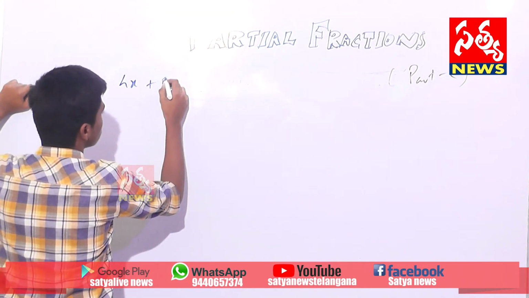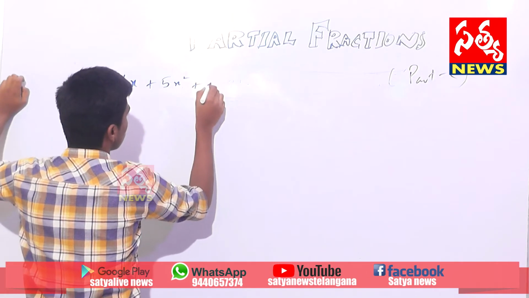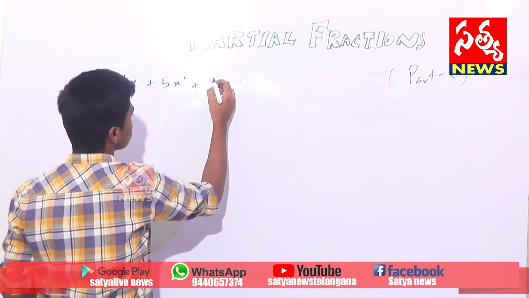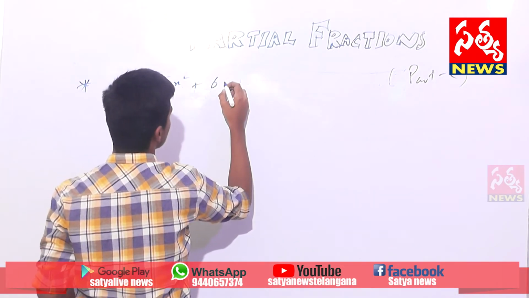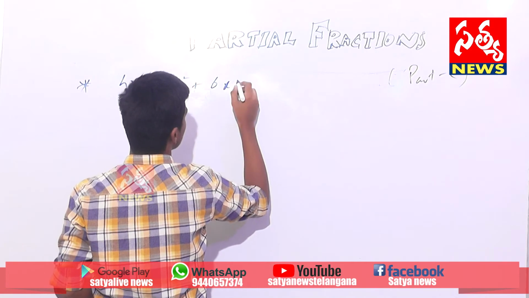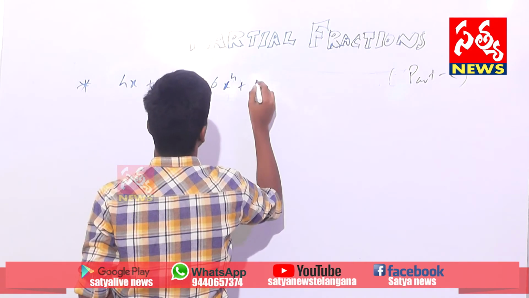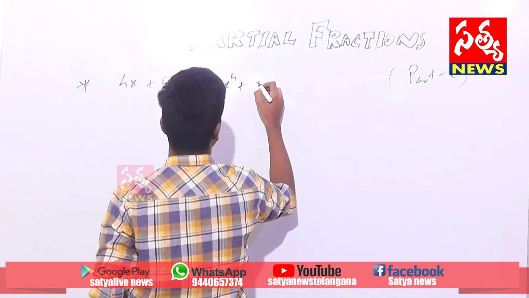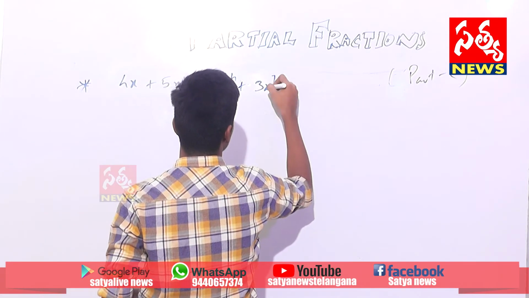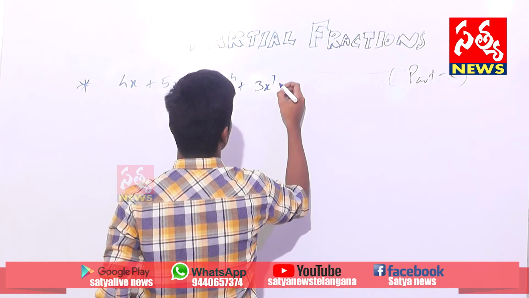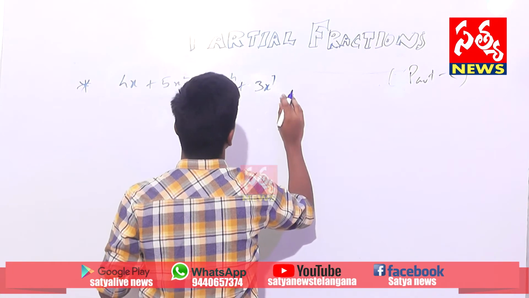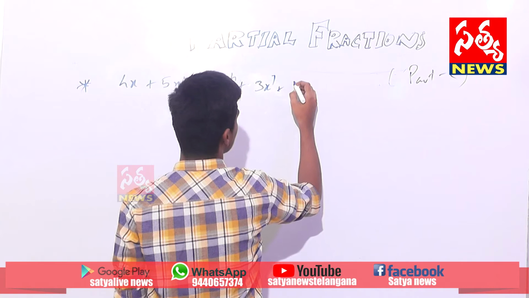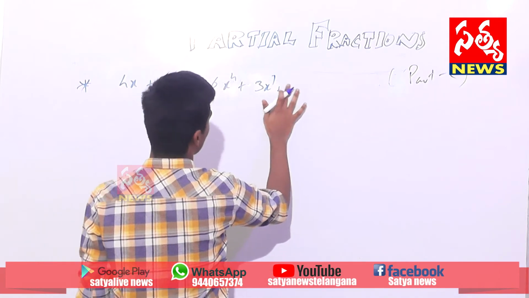4x plus 5x square plus 6x power 4 plus 3x power 7, okay, that's it.